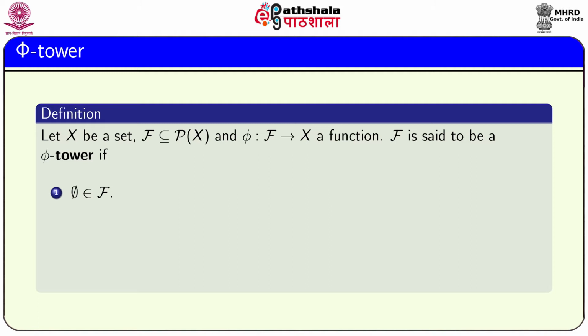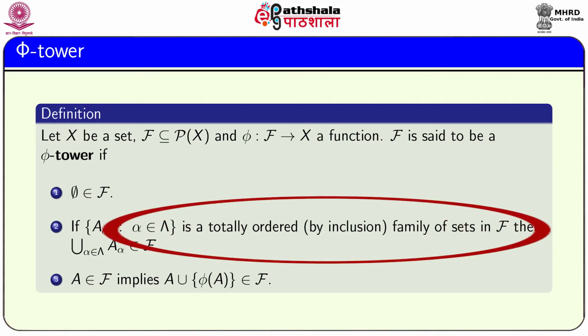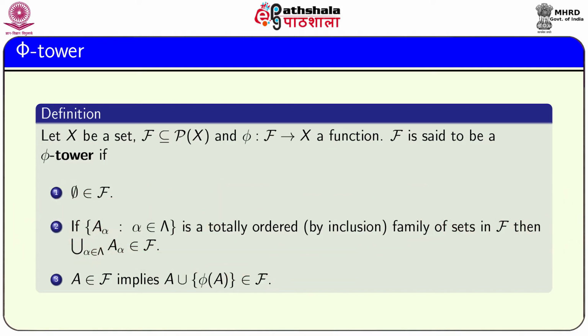Script F stands for a collection of subsets of X and phi is a function from script F to the set X. This collection script F is said to be a phi tower if the empty set is inside F; if A alpha, alpha belonging to lambda, is a totally ordered family of sets in F, then union A alpha is inside F. And the third condition is A belonging to F implies that A union the singleton phi A is inside F.